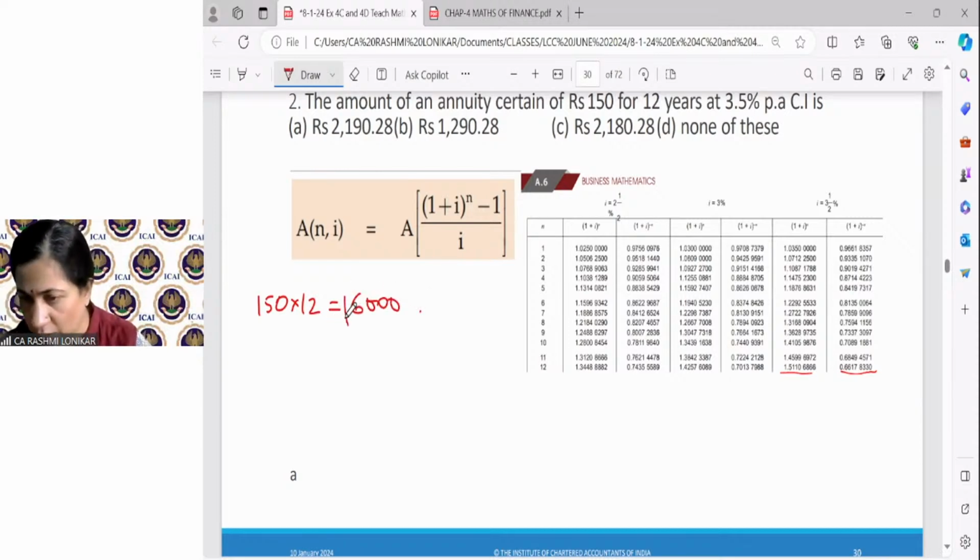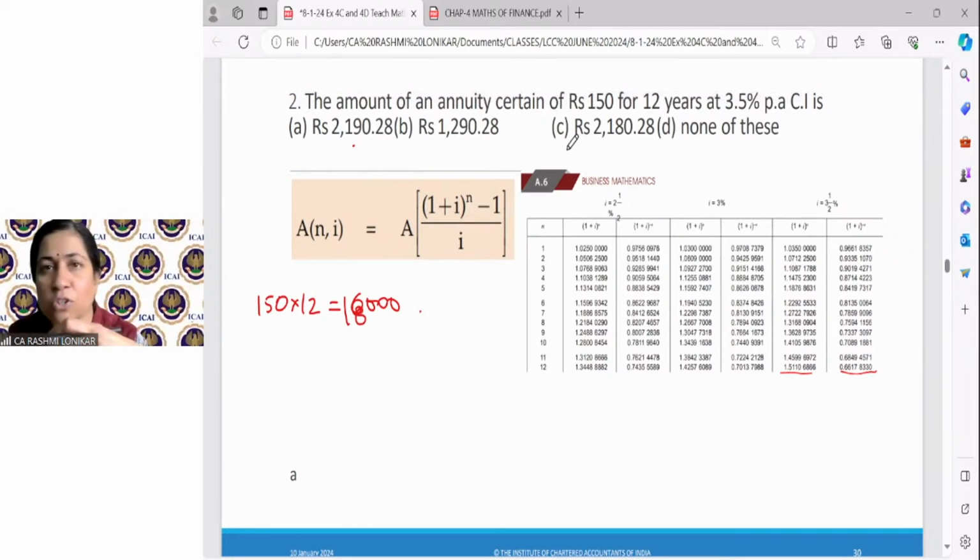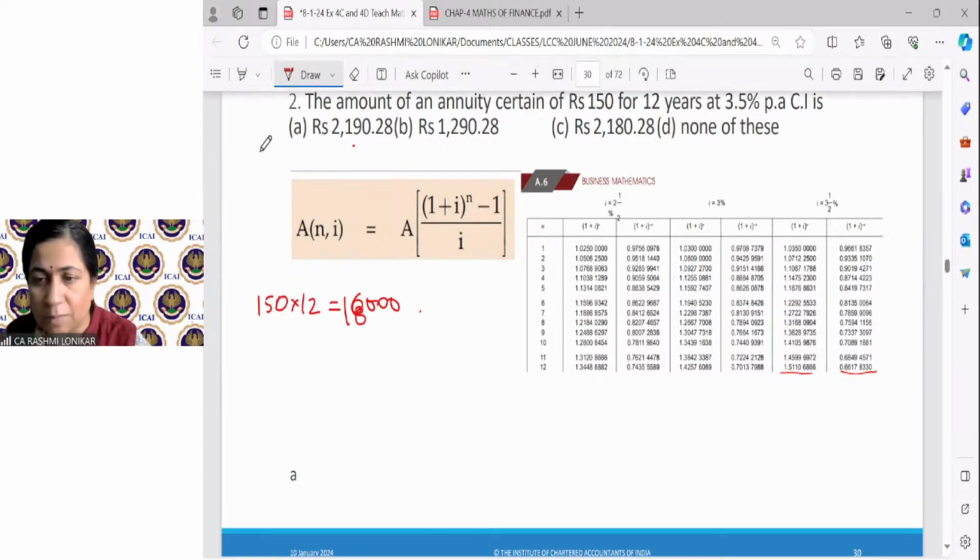No, not 6,000, 18, sorry. 18,000 rupees, right? Answers are what? 2,000, 1,200, 2,000, 1,800. Okay. Can you see if it is the future value will be bigger amount and present value will be smaller amount. So here what is happening is, from this we make out that this sum is a sum of how much?